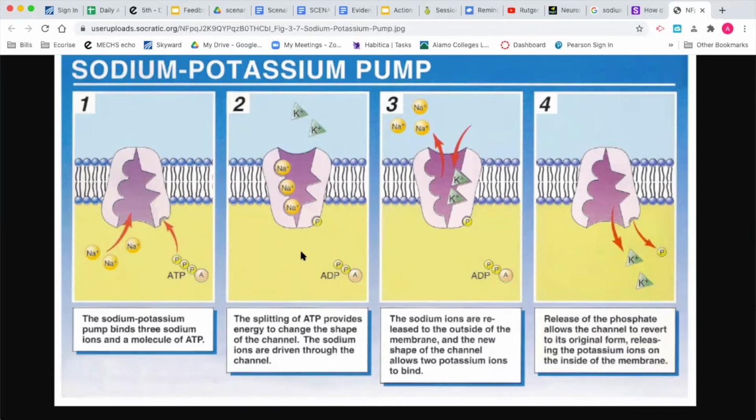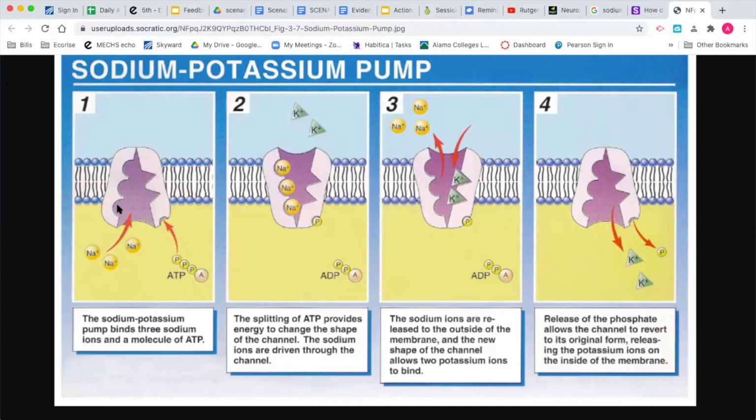These pumps move sodium out and potassium in against the concentration gradient. Basically what happens is your ATP comes in, you've got some sodium from the inside of the cell that sits in these little spaces right here. So it sits like this. Then your protein goes like this. And the sodium leaves.